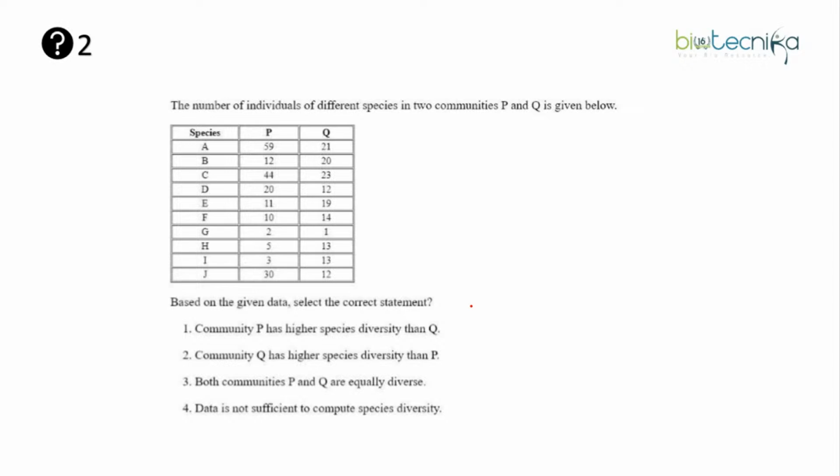Formula for species diversity equals the total number of organisms divided by the number of organisms in one species.